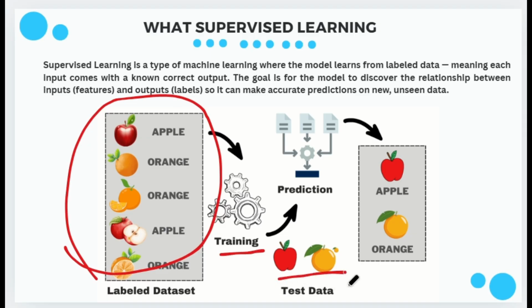After training, we give the model new unseen images of fruits as test data to check if it learned correctly. Finally, the prediction stage. The model uses what it learned to predict the labels for the test images. If it sees a red round fruit, it predicts apple. If it sees an orange colored fruit, it predicts orange.